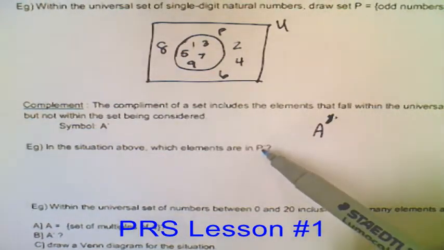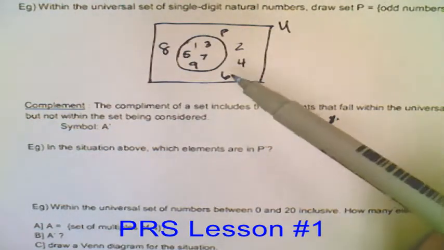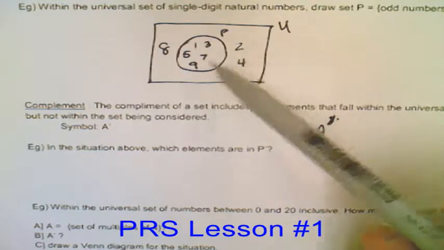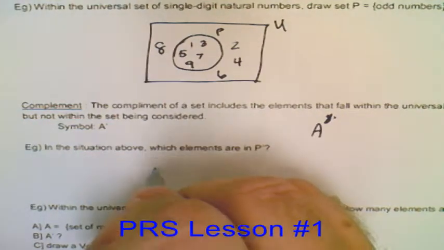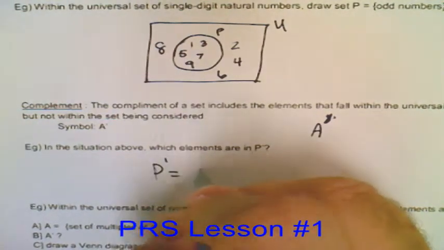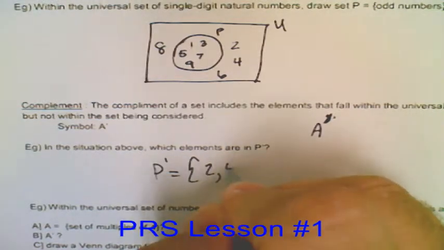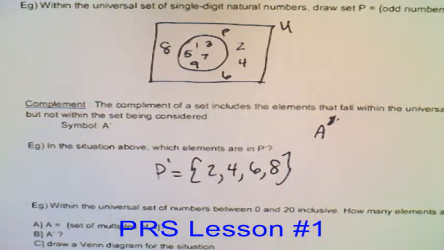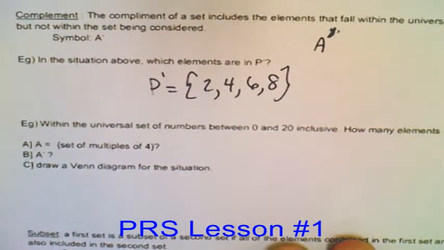So in the situation above, what elements are in P primed? What this is asking is, what is the complement of P? Or more specifically, what elements are within the universal set, but not in P? In P primed, we have the elements 2, 4, 6, and 8. That is the complement of P. Those are the elements that are within the universal set, but not in P.